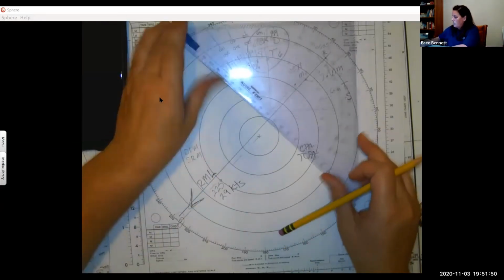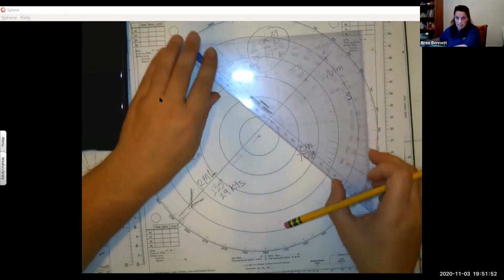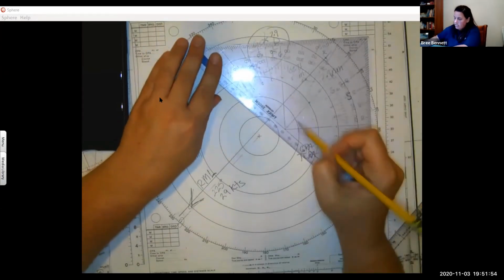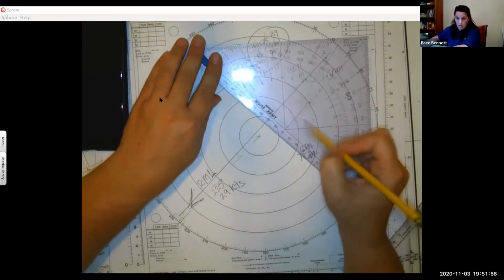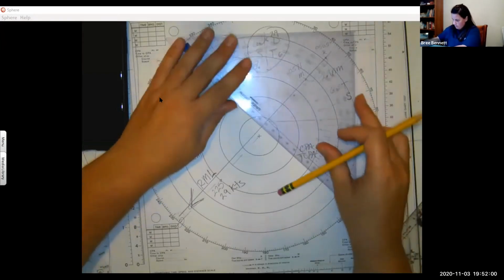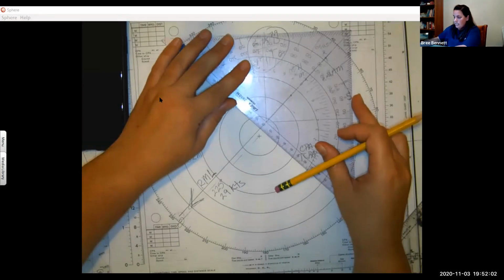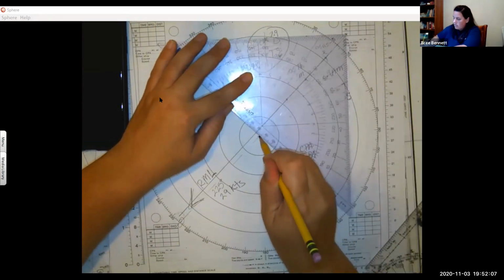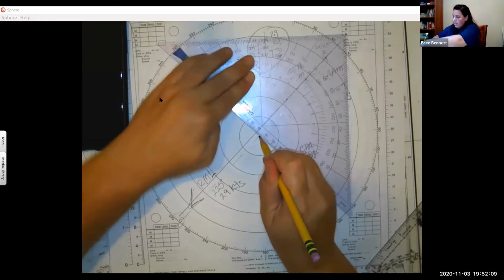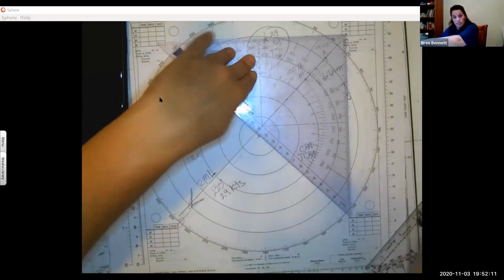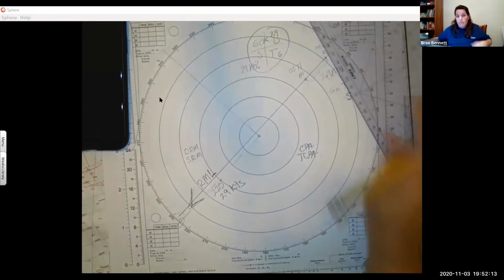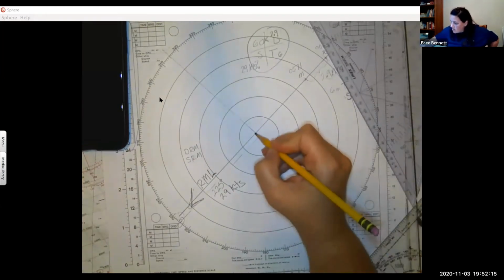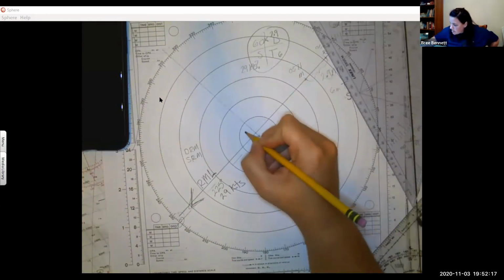I like using the triangle because it has this 90-degree line already on it. So it makes this quick and easy. I put that 90-degree line, I put my pencil in the center, and I draw a line. So this is my CPA.